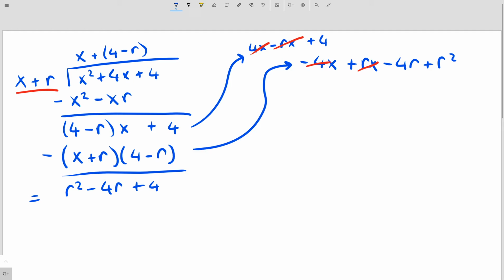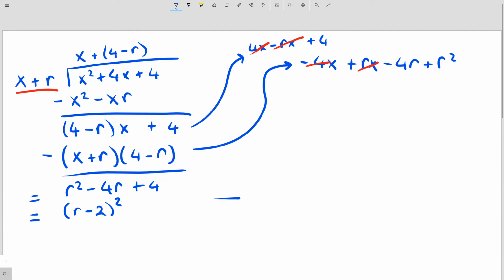It pretty much gets us to our original sort of equation that we were looking at, apart from the fact we have a minus 4r, which I'm not even sure if that's right. Yeah, that's right. So we know that this can be factored into r minus 2 squared.